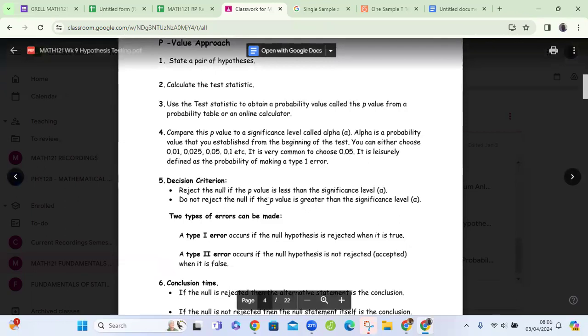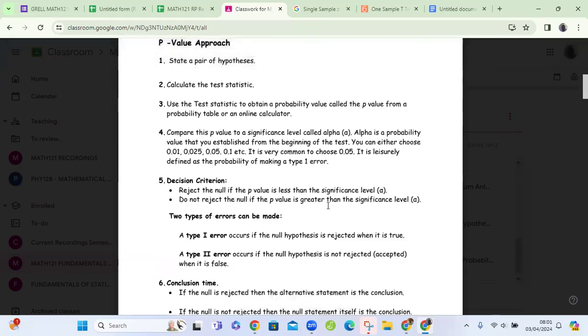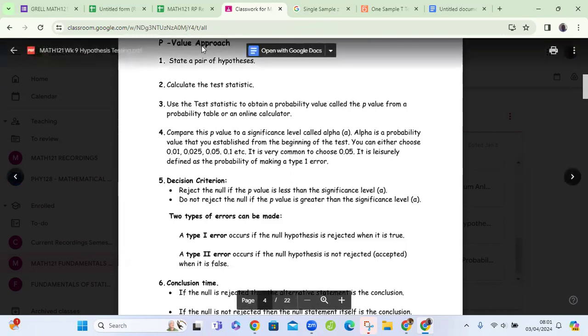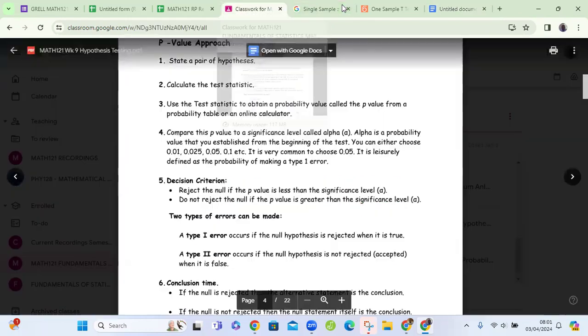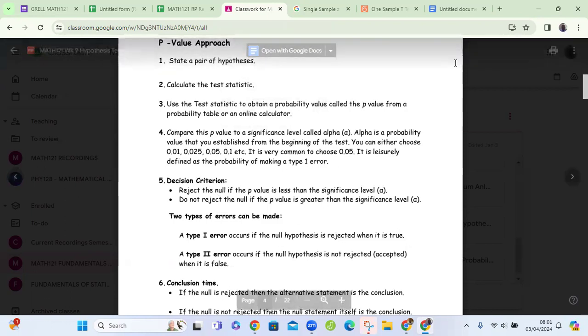Do not reject the null if the p-value is greater than the significance level. So our p-value of 0.1675 is greater than 0.05. So therefore, do not reject the null hypothesis.